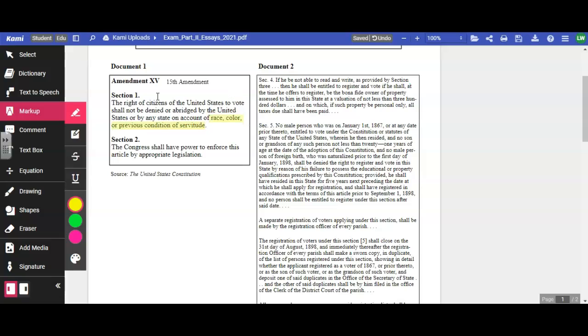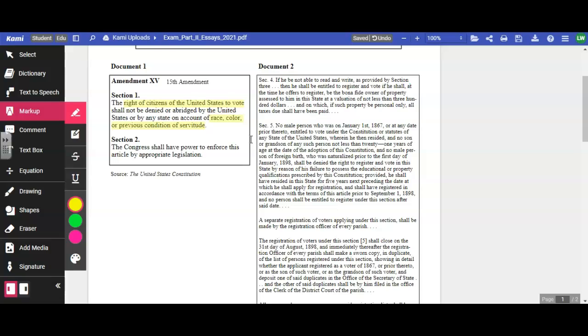So it's saying the right of citizens to vote shall not be denied based on your race, your color, or your previous condition of servitude, so whether or not you were a slave in the past. And the Congress has the right to enforce this power.